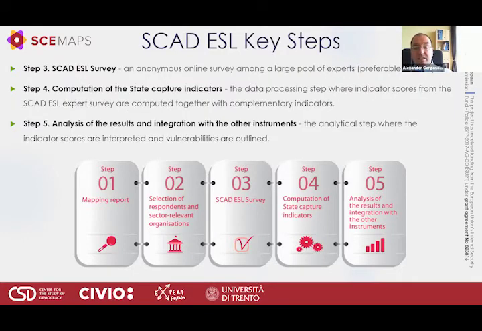And then all the potential respondents are invited to take part in an anonymous online survey. Finally, the state capture indicators are computed. I will give you examples of how this is done. And of course, the final step is the analysis of the results and integration with other instruments like big data and MACPI.